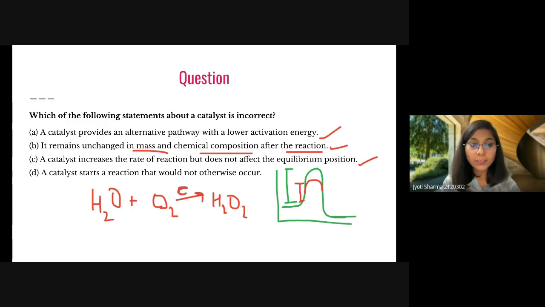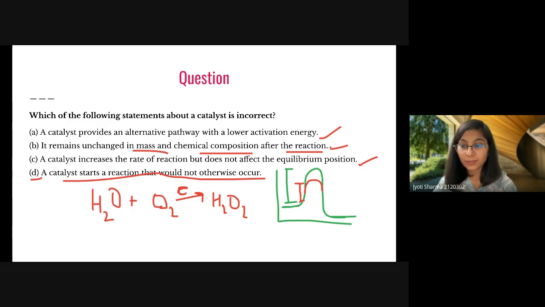The fourth is, a catalyst starts a reaction that would not otherwise occur. No, this is not the thing. Whatever reactants we have, those reactants should be compatible enough to make the product. If two reactants are not compatible to form the product, then a catalyst can't do anything.